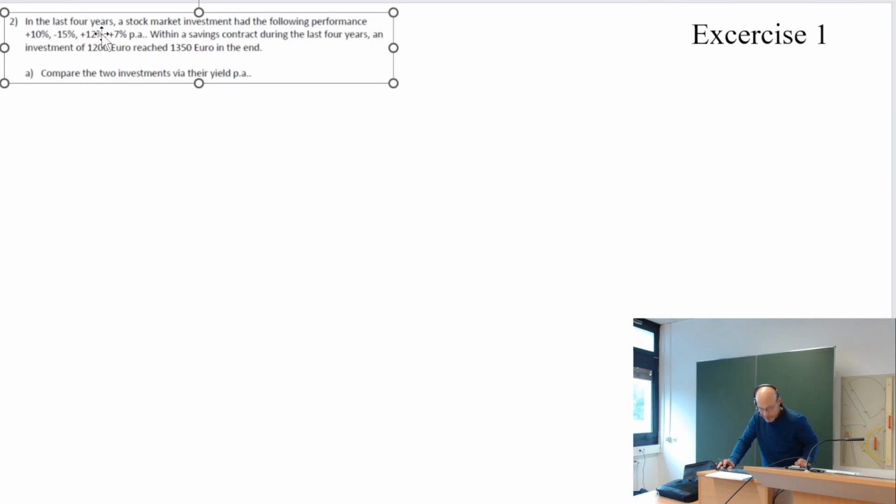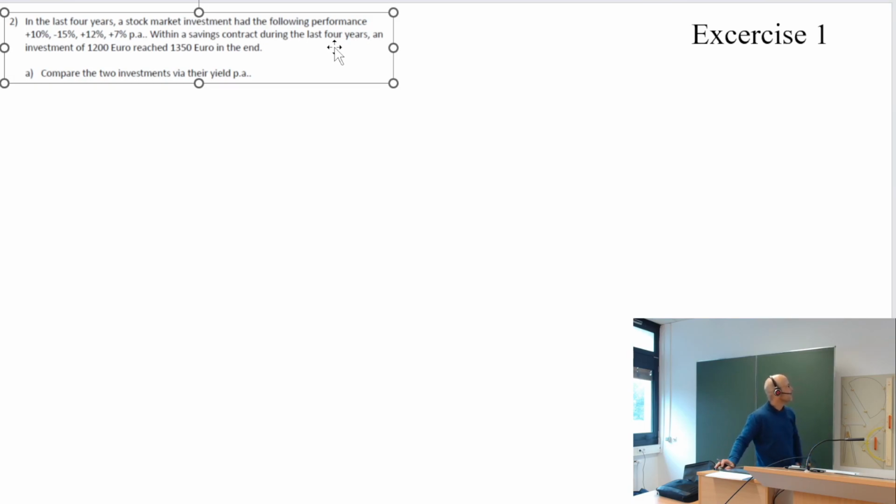And for this, we just have a look at two possibilities to invest. So one investment is maybe some stock. So it's going up one time and going down the other time. So a yield of plus 10% in the first year, second year minus 15, plus 12, plus 7%. And then we can also talk about an investment without volatility.